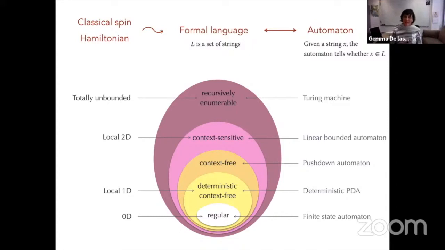And only highly unphysical spin models, namely totally unbounded spin models, which I don't think even deserve the name spin models because there's no local term, only these correspond to recursively enumerable languages. Namely, only these need to be recognized by a Turing machine. All other kinds of spin models are recognized by weaker forms of automata.